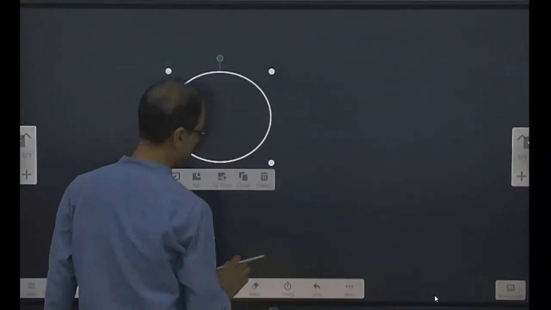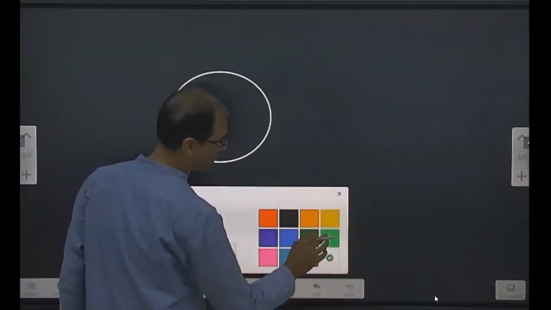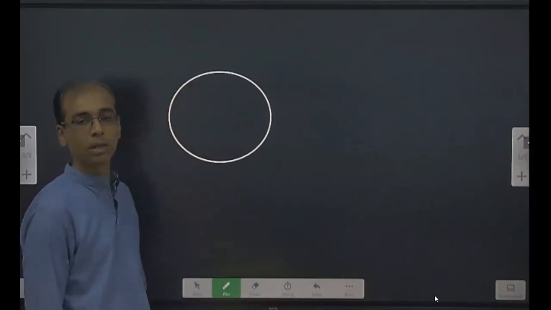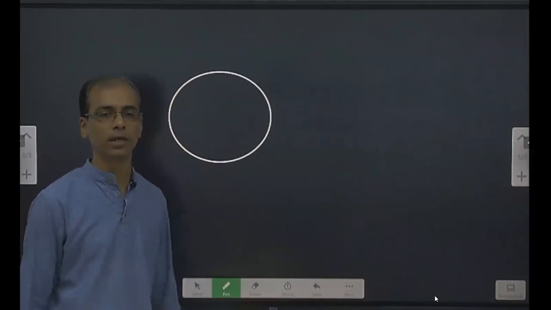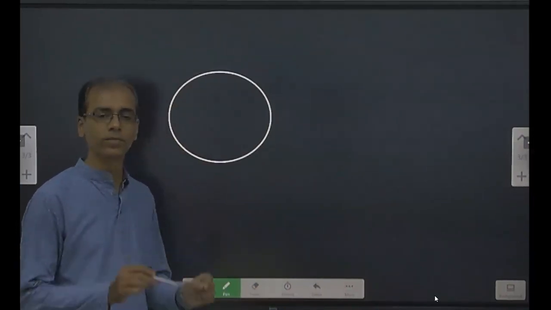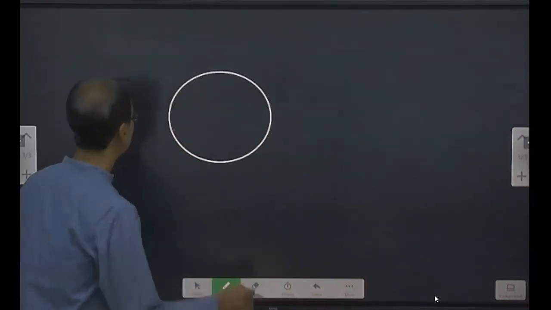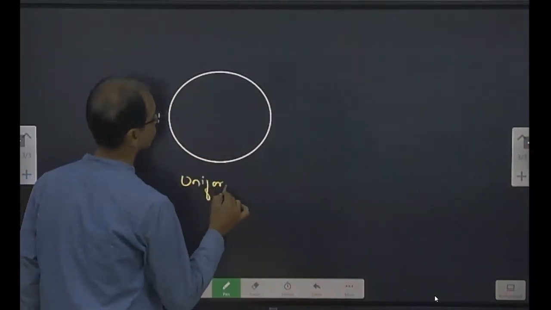In this circle, I know that acceleration is acting towards the center, which we call centripetal acceleration, which we'll see in circular motion. But still, you have studied a little bit of information in 9th and 10th standard. So if I say this is uniform circular motion.